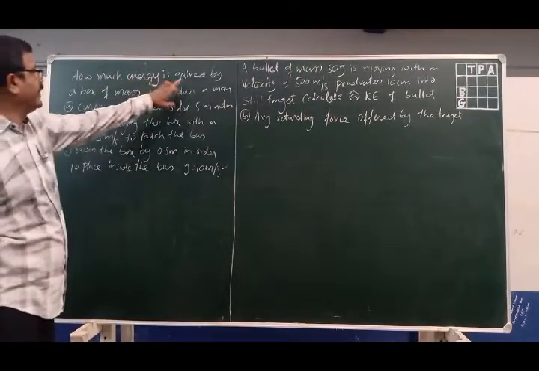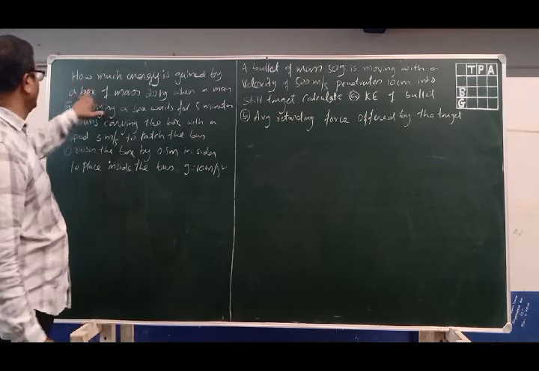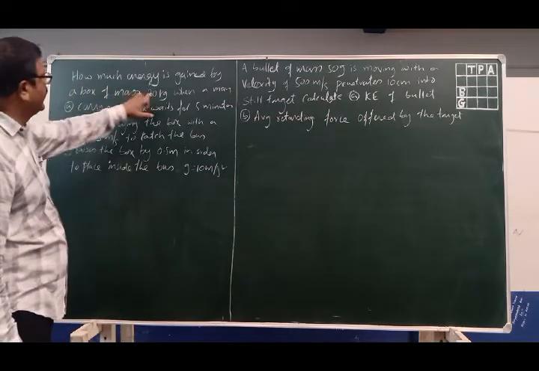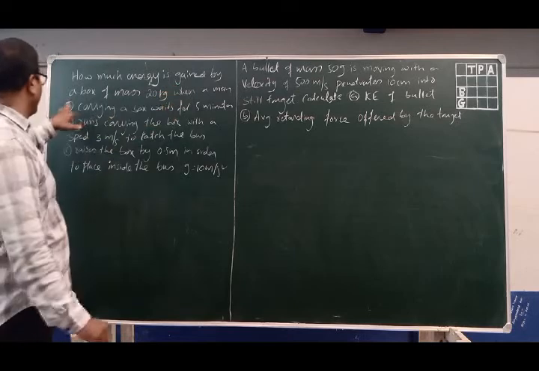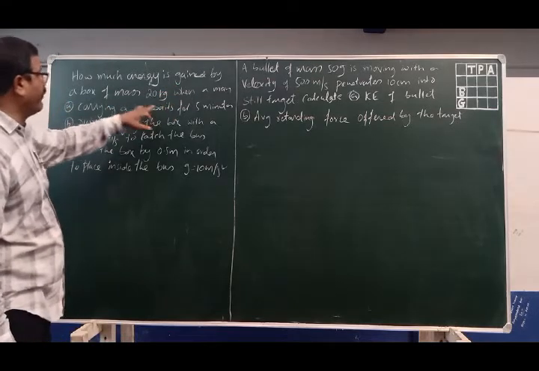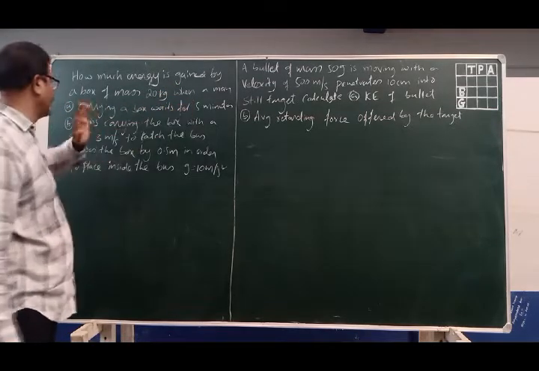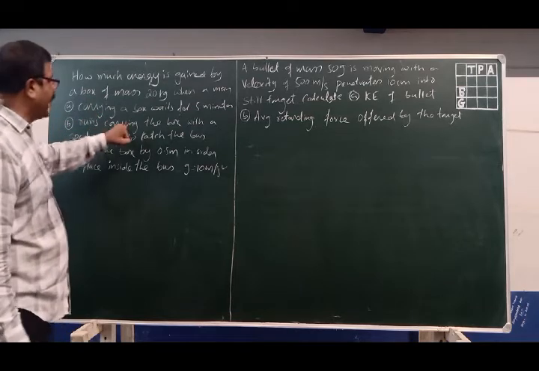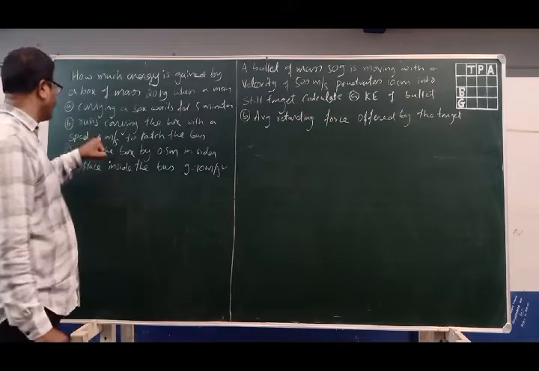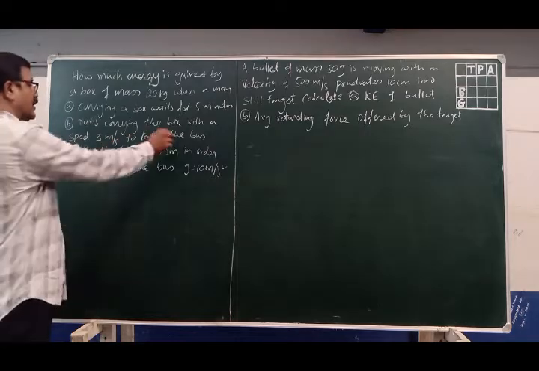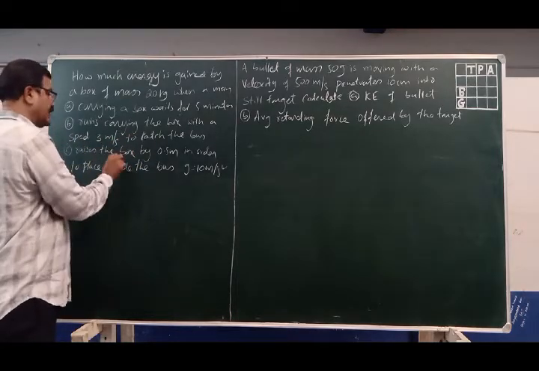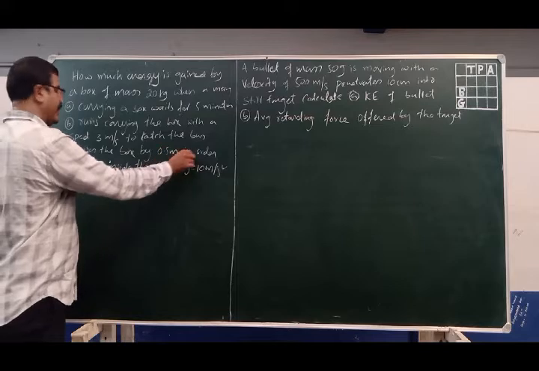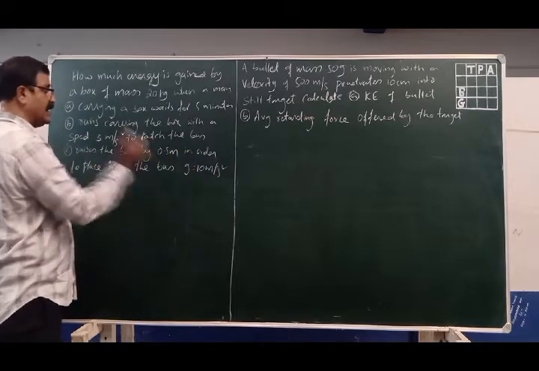See this problem here. How much energy is gained by a box of mass 20 kg when a man carrying a box: A, waits for 5 minutes for the bus; B, runs carrying the box with a speed of 3 meters per second to catch the bus; C, raises the box by 0.5 meter in order to place it inside the bus.